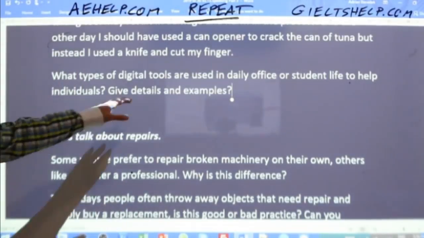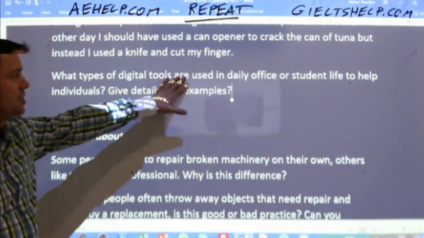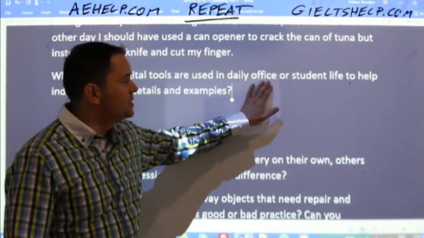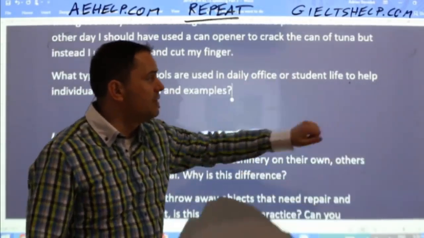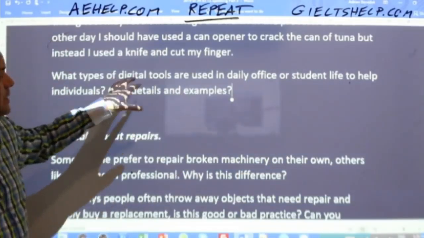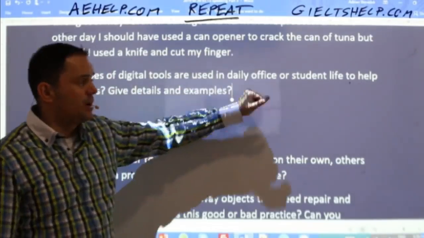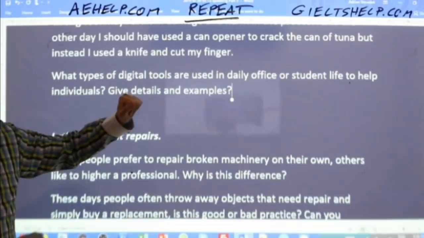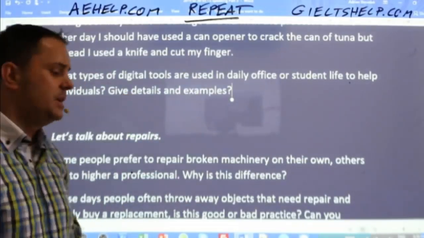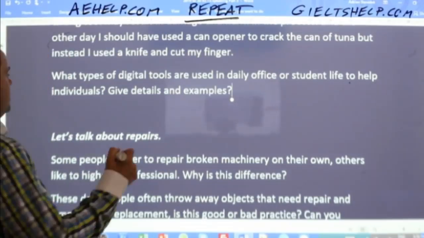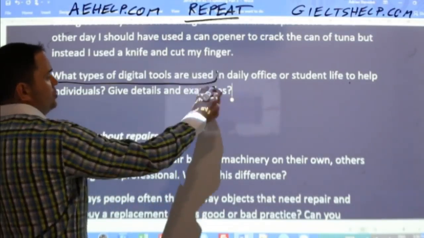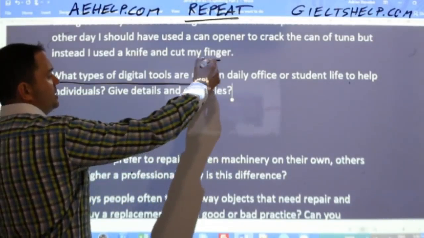You need to focus on the question, students. Daily office or student life. You have to show me that you're understanding every part of the question. I think many students here just get lost in what types of digital tools are used, and their thinking stops here.